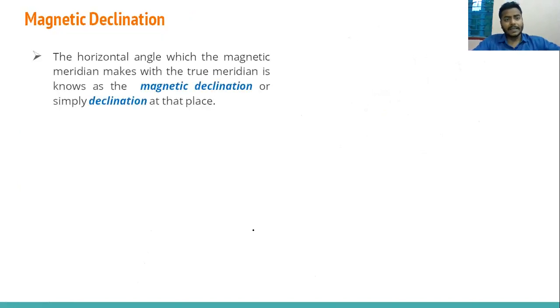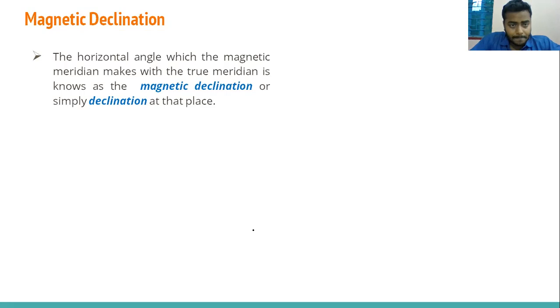What is magnetic declination? We have studied what the meridian is, and there are types of meridian also, like the true meridian, that is whatever the earth is showing, the geographical earth, there is a south and north, and that meridian we can call the reference meridian.